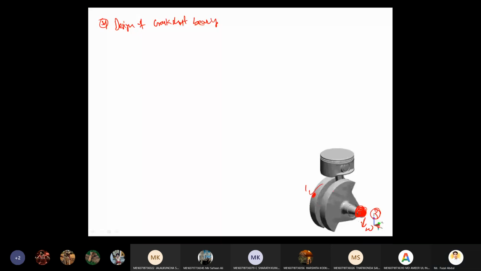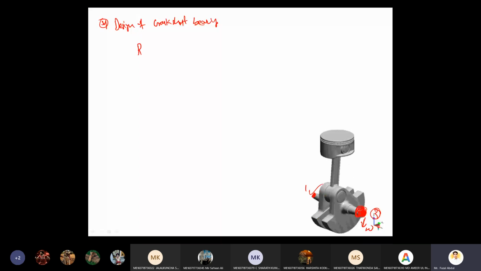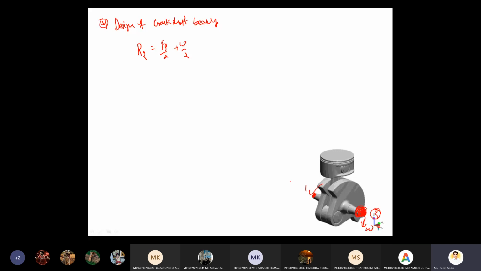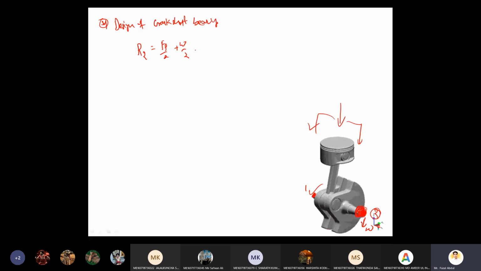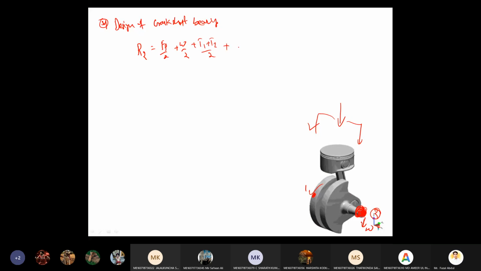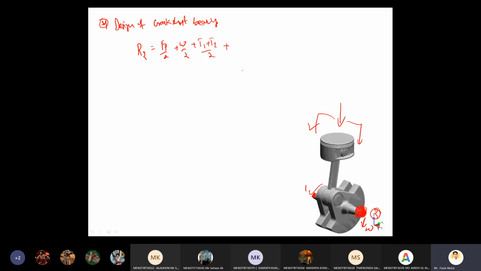So for that, the total reaction at bearing 2, I'm calculating R2, that is Fp by 2 plus W by 2, because whatever the force is generated here, it is divided in half. So Fp by 2, W by 2 plus belt tension (T1 plus T2) by 2 plus any other parameter. Radial force is not considered here.